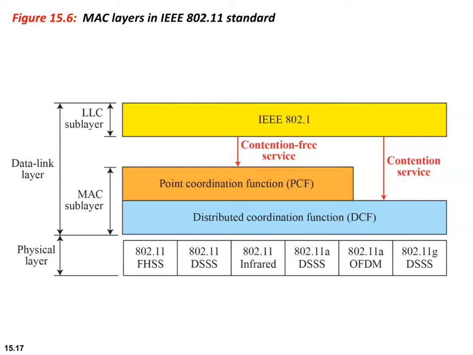So if at the same time a station wants to use only DCF and an access point wants to use PCF, then the access point will be given priority. That is what the point coordination function is. It is a contention-free service, and usually access points will be given priority whenever they want to use PCF.